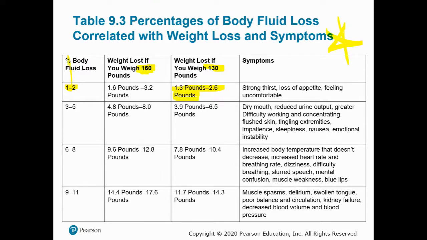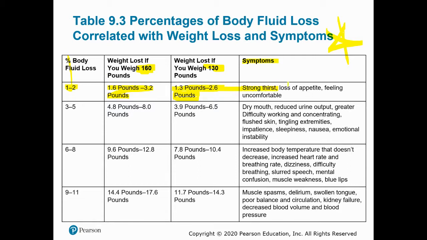If you weighed 160, you'd be losing 1.6 to 3.2 pounds. This amount of body loss could happen from an hour of moderate to vigorous intensity exercise.